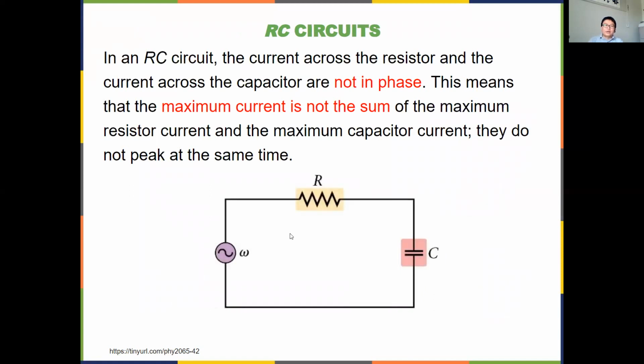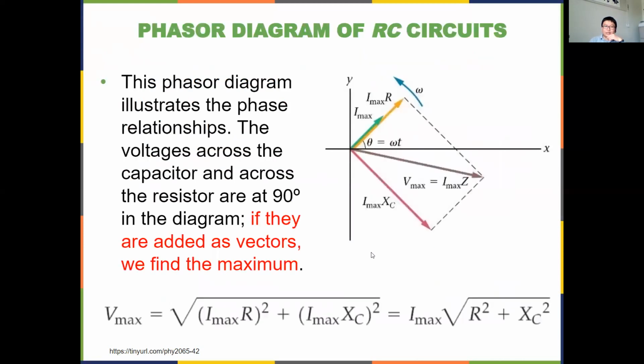Now, if you have an RC circuit, the voltage across the resistor and the voltage across the capacitor are not in phase. That means the maximum is not the sum of the maximum from the resistor plus the maximum from the capacitor. The two phasors have a 90-degree angle. This is the Imax on the resistor.